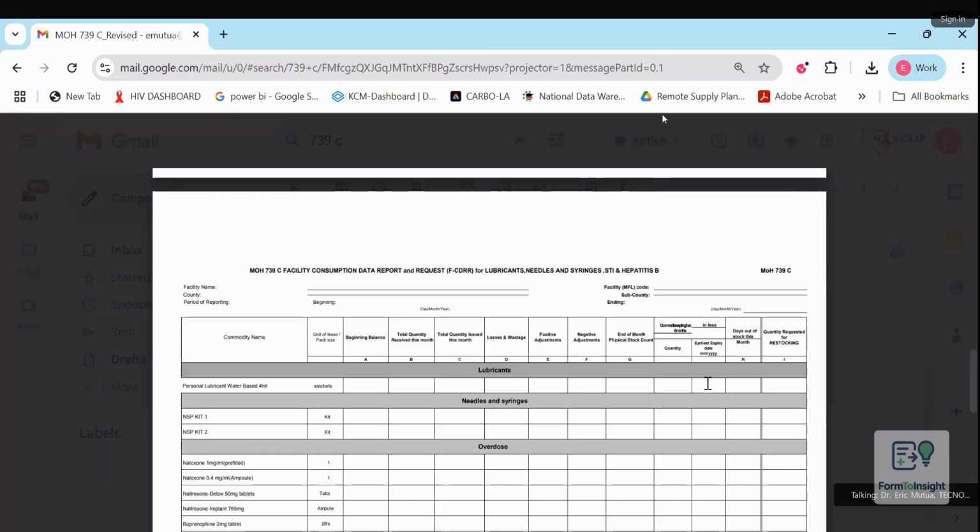D is any losses and wastages. And then there is E and F talking about the adjustments. Then we should have the end of month physical count of what is in the facility. And then you have column H, which is talking about the days in which you are stocked out of these commodities.